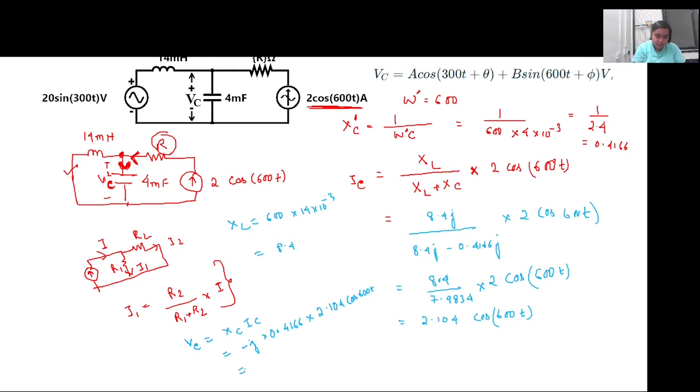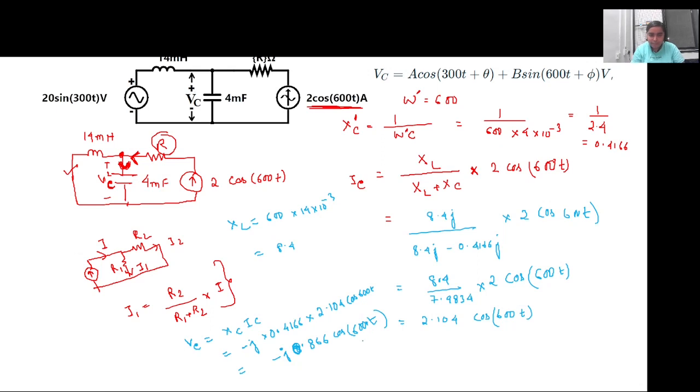So this into 0.4166 is 0.8766, so it is minus j 0.866 cos of 600t. Now we need to get rid of this j part and write it in terms of angle.